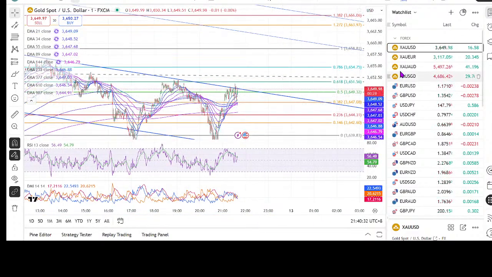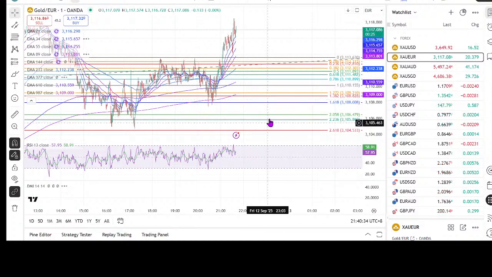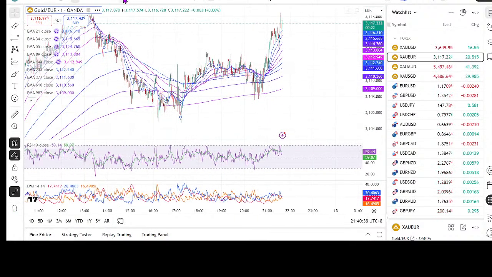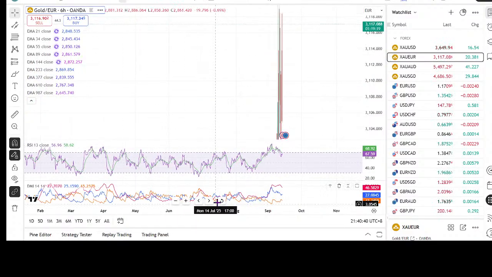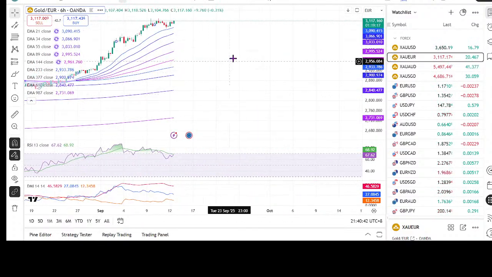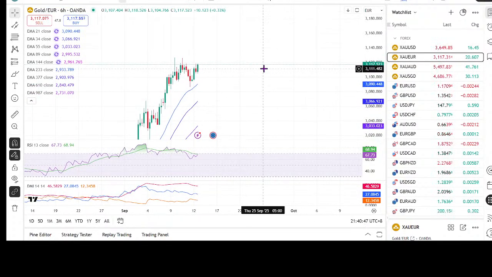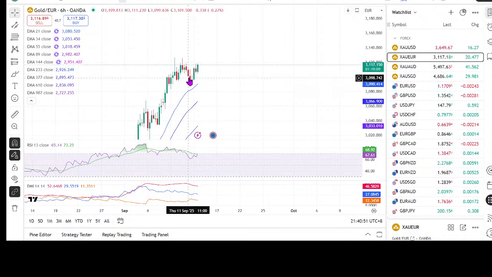So now let's look into the gold euro. So the gold euro looks okay, looking at the 6-hour chart. What we feel is the correction on the hourly most likely is over.